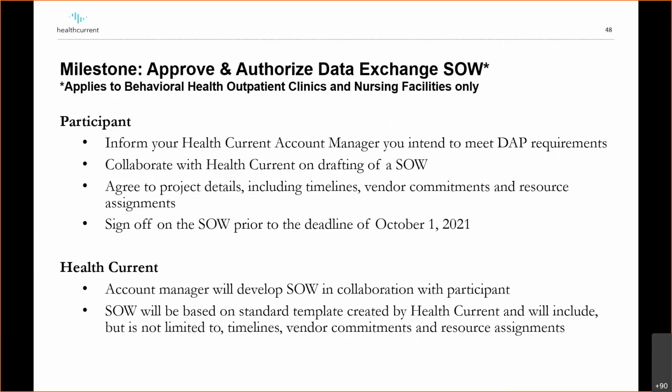Again, the sign off on that scope of work would be due prior to the deadline of October 1st, 2021. The Health Current account manager will help develop that scope of work in collaboration with your organization. That scope of work will be based on a standard template that we will include, and timelines, vendors, commitments and resource assignments will be addressed in that template as well.